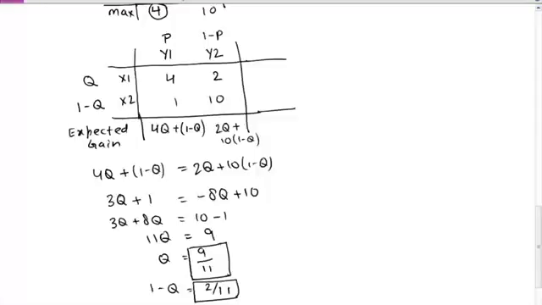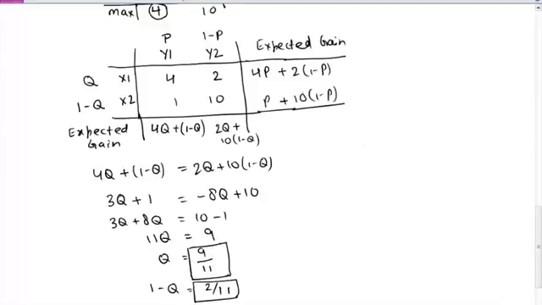So basically player X will play the first strategy 9 over 11 of the time, and similarly 2 over 11 for strategy 2. Now similarly, if we calculate the expected gain, we multiply 4 with p, so 4p, plus 2 times 1 minus p, and then 1 times p is p, plus 10 times 1 minus p.